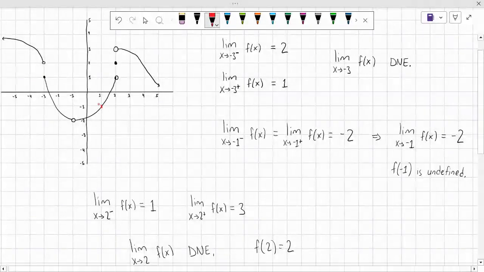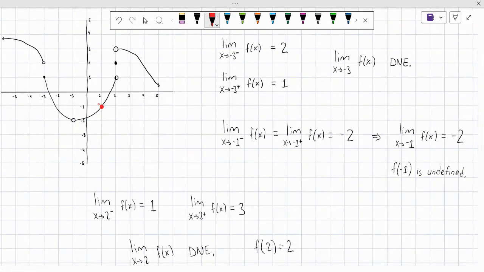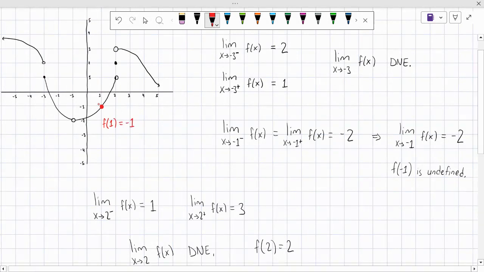As an example, let's look at this point here that I'm just now adding in red. That's at x equals 1 and the y coordinate is -1. So f evaluated at 1 is -1.